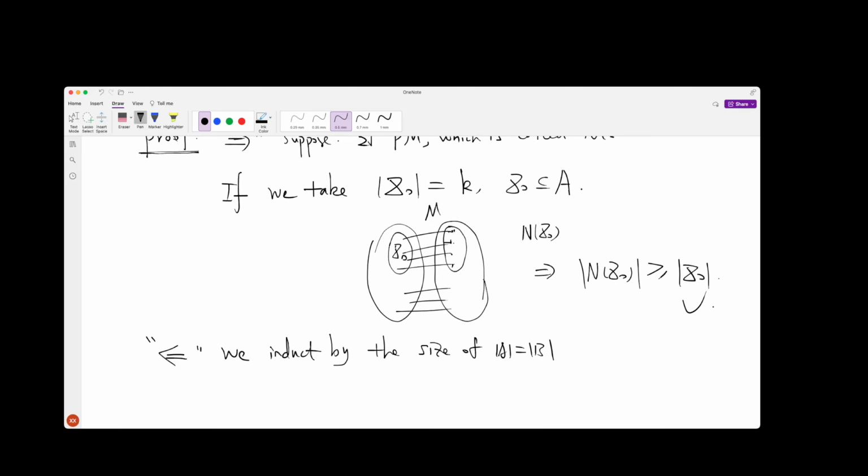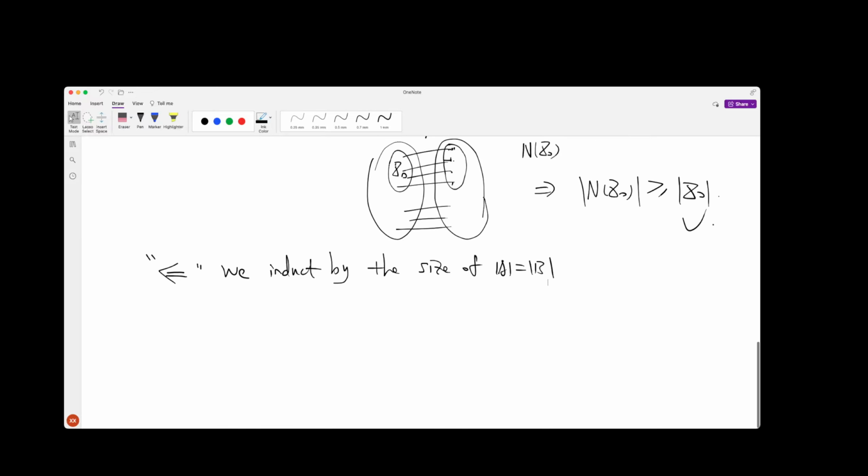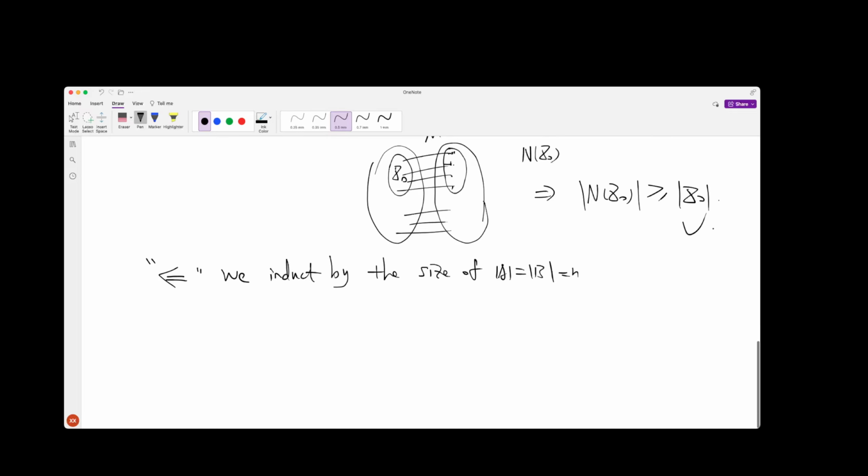So we induct on this. Remember we are trying to show that with Hall's criterion, this bipartite graph admits a perfect matching. Suppose this is true for all smaller sizes. So say this is n. Okay. So case 1, base case.